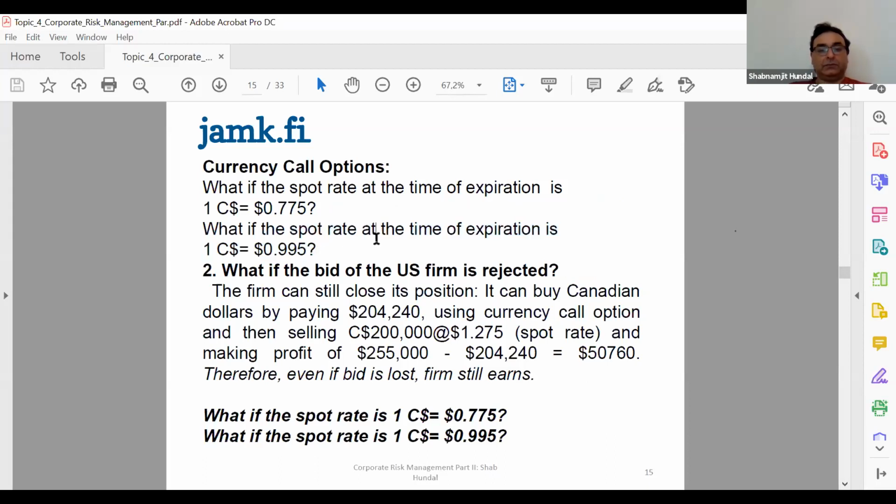Can we do it now? So imagine that the market, I can actually do it. The Canadian dollars, how much do you need? You need 200,000.